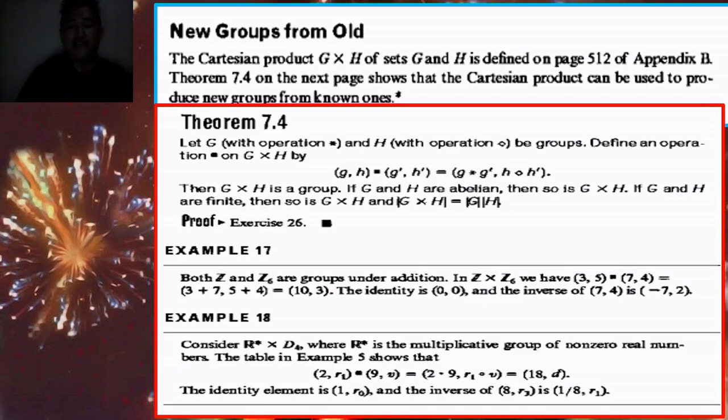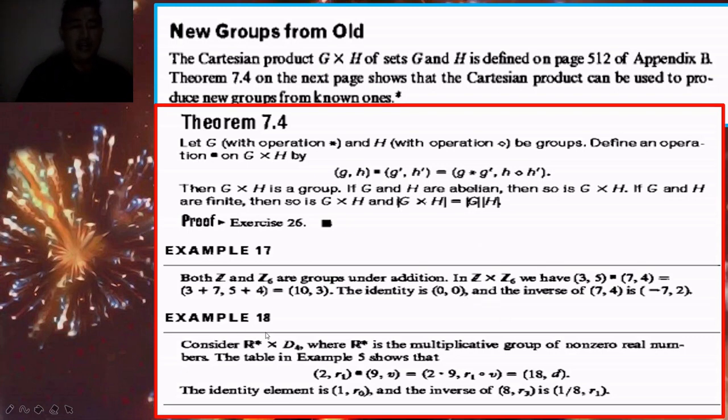So since infinite man ang Z, ang order sa Z cross Z6 kay infinite, kay infinite man ang Z. Okay.